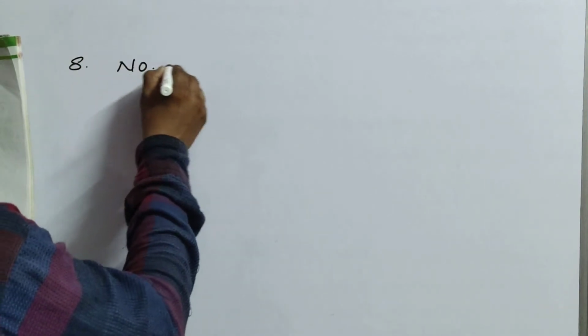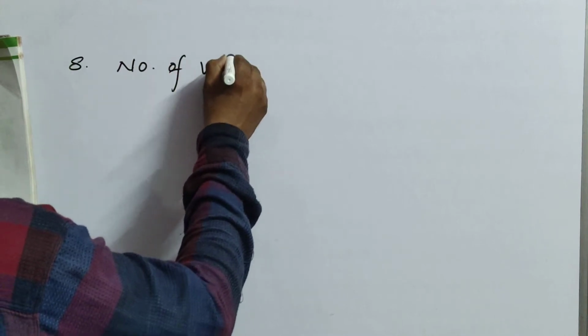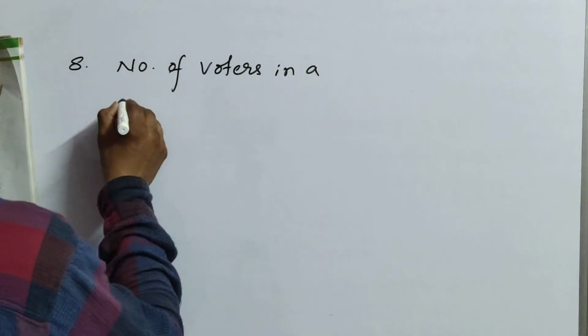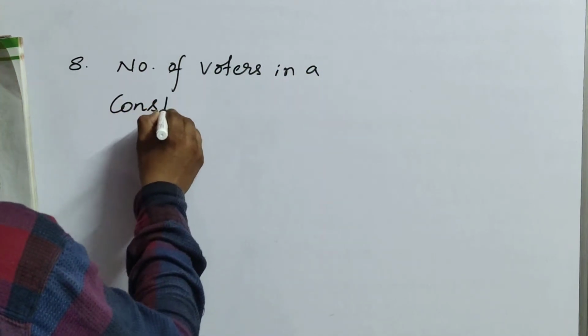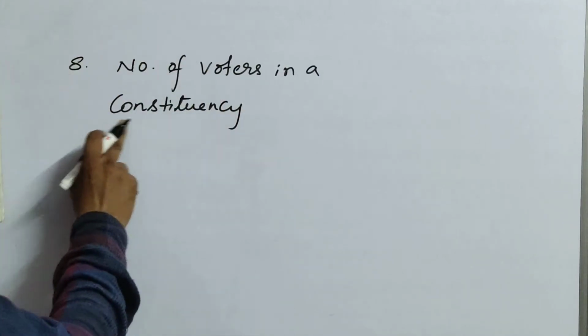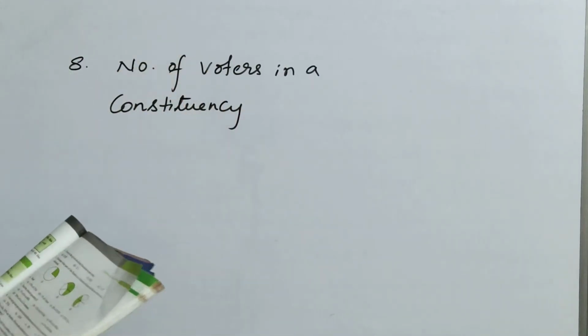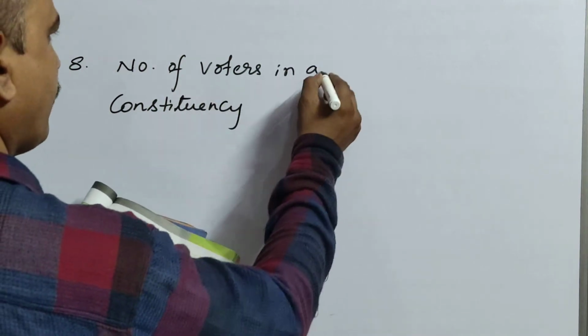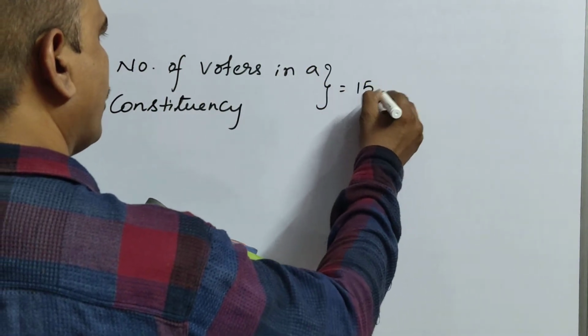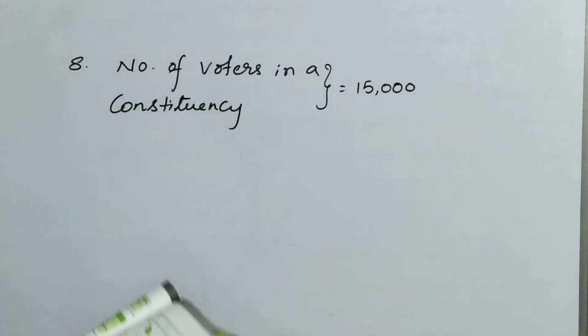So the number of voters in a constituency is 15,000. These are the voters.